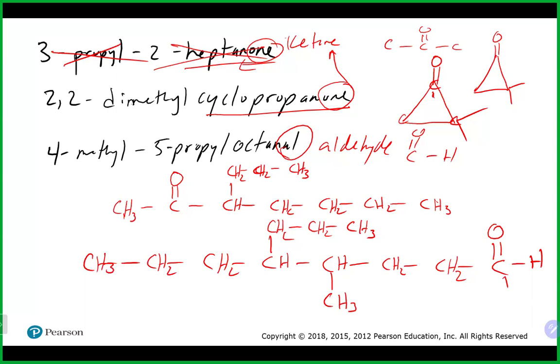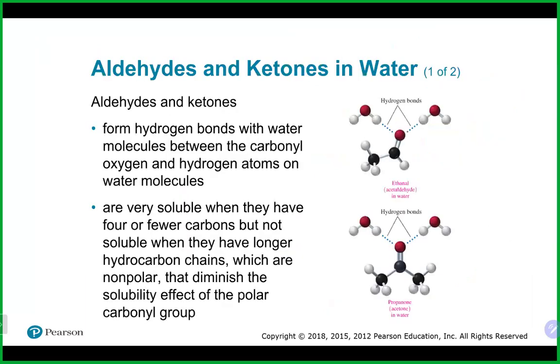Questions on how to draw ketones, draw aldehydes, name them? No. All right, then let's talk about aldehydes and ketones in water. Aldehydes and ketones can hydrogen bond with water, although it cannot hydrogen bond in a sense like you might think.